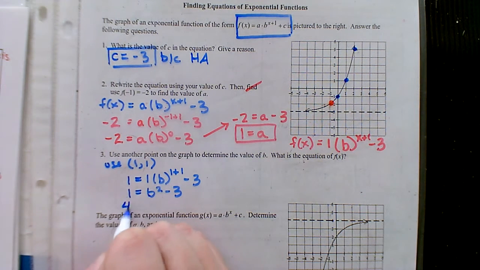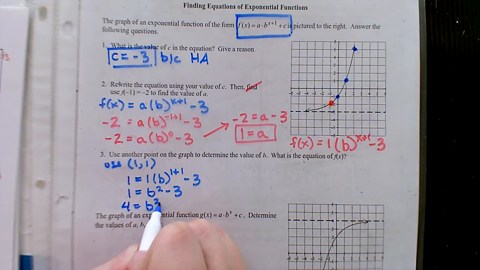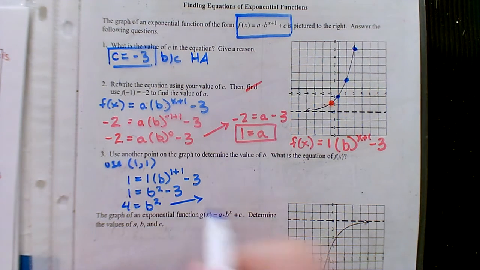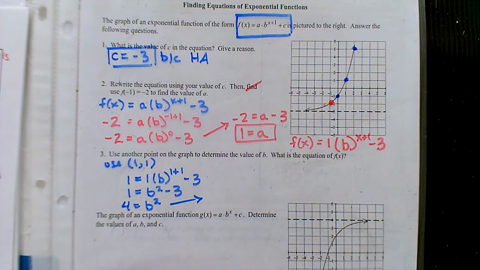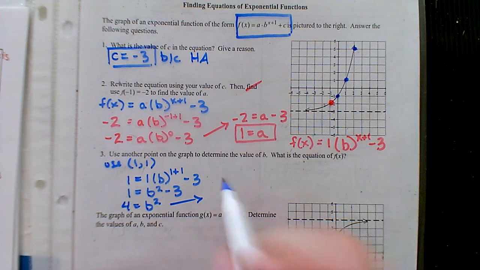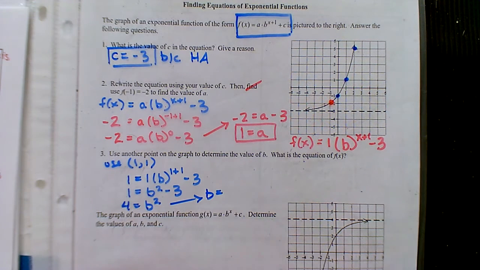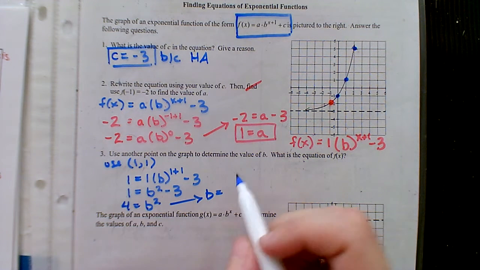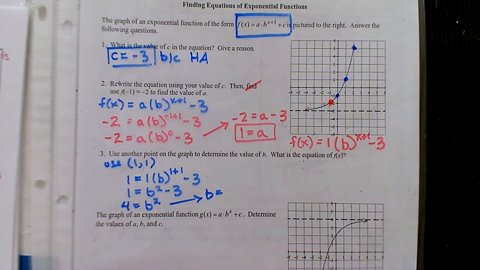Add the 3 over, we'll get 4. So what's our value for b? What do you think, Kyle? 2. Okay. Why is it 2 and not -2?